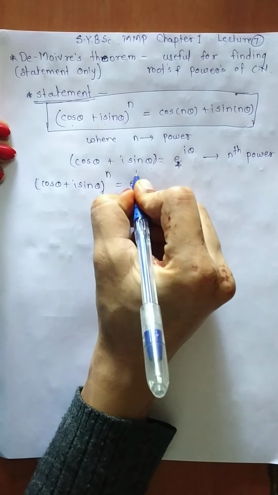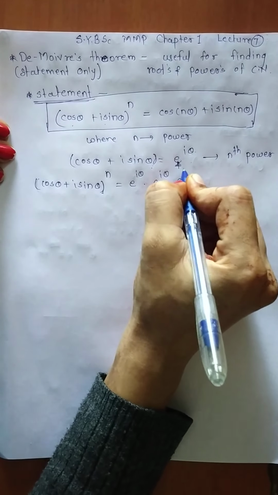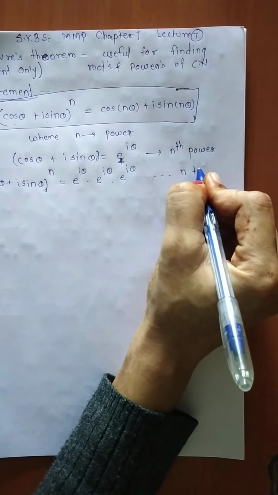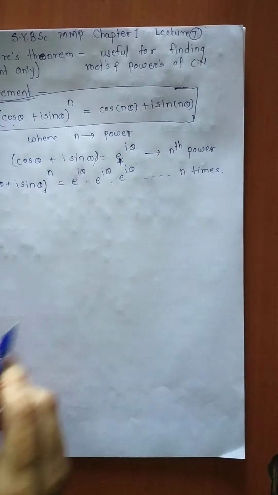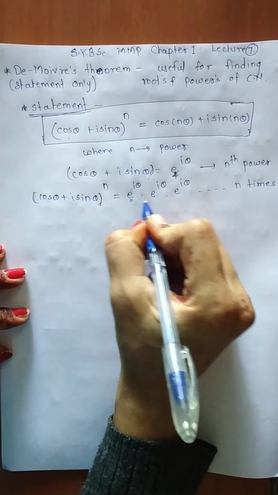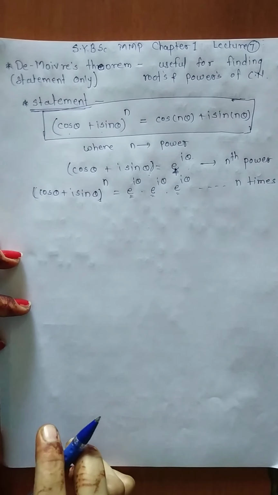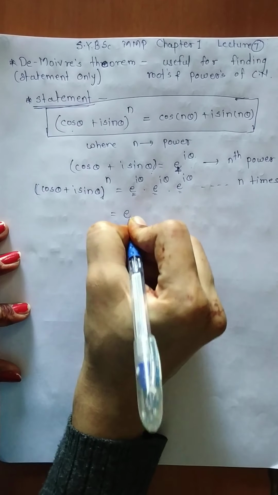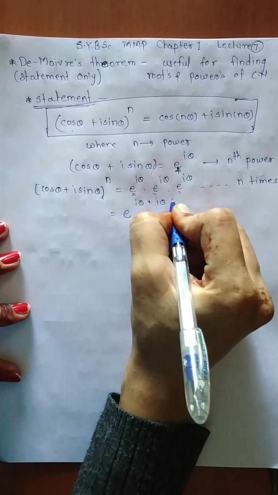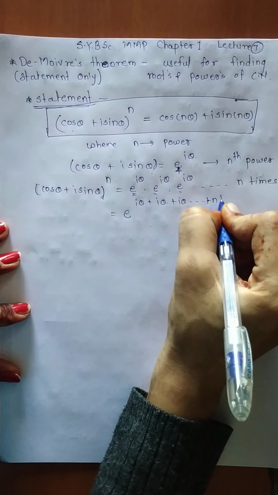So I will get e raised to I theta into e raised to I theta into e raised to I theta, n times. Now by the property that when the base is the same, here the base being the exponential, we can add the powers. Therefore I can write e raised to I theta plus I theta plus I theta, where I add I theta n times.